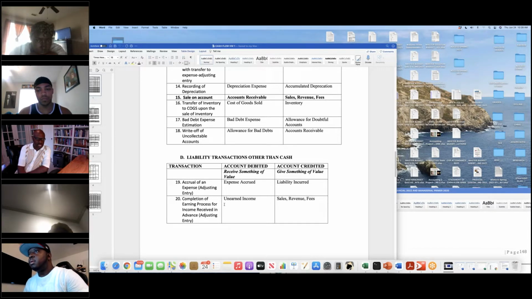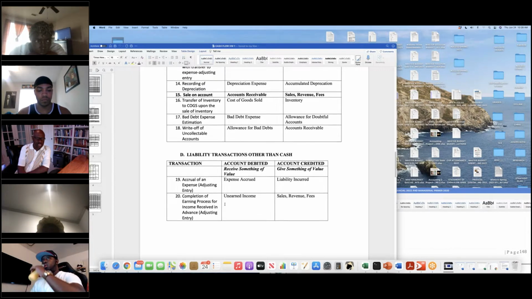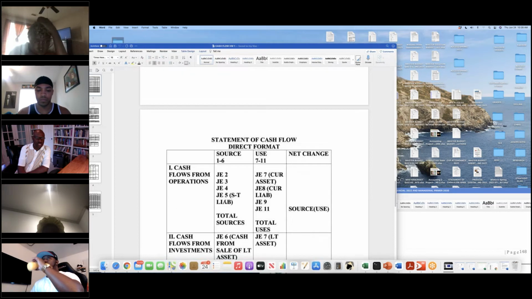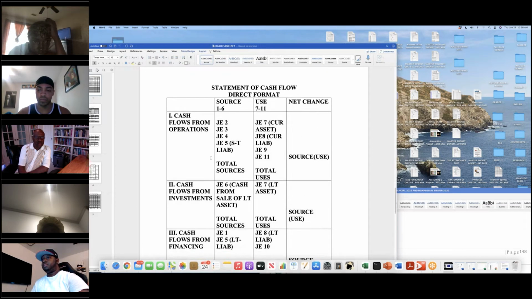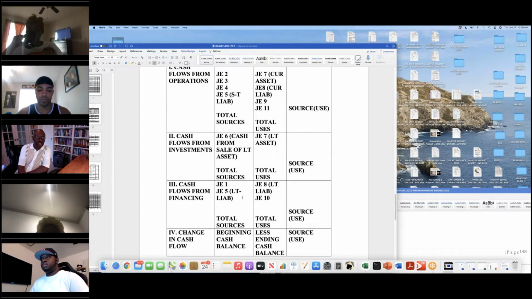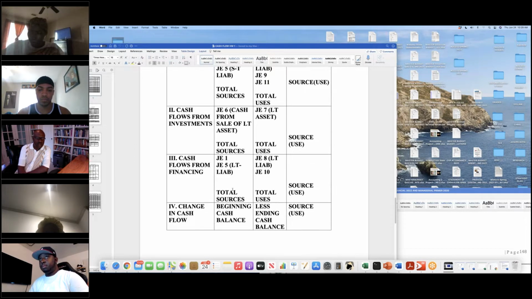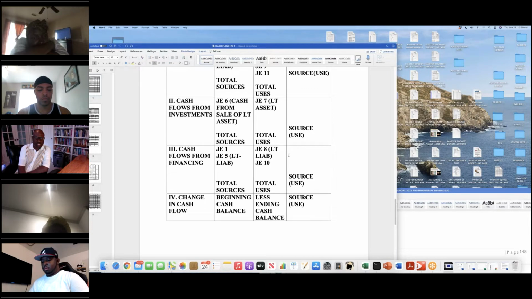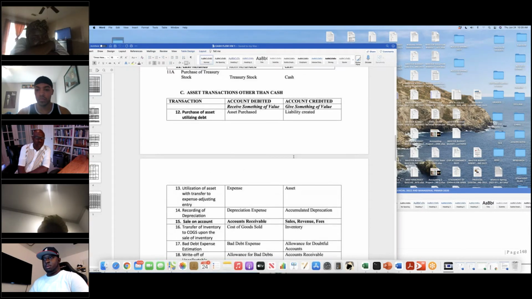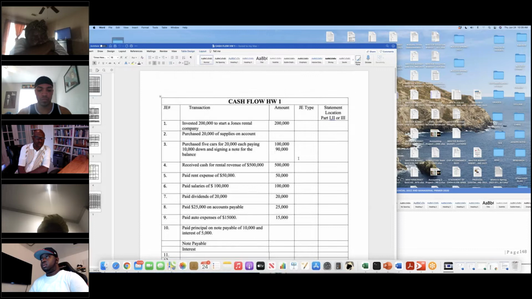And so when you have a transaction in that category, you scratch it. Then this statement shows where each type of journal entry goes. It shows you which ones are in part 1, which ones are in part 2, which ones in part 3. We add them all up to come up with our net changes in each part, total change, and net change in cash. So let's see how this is going to work on your homework problem.